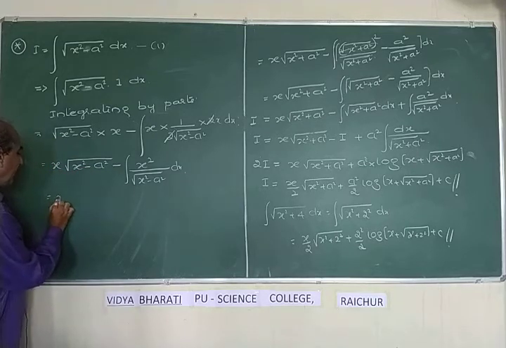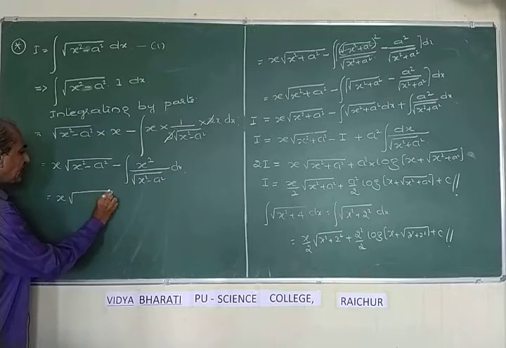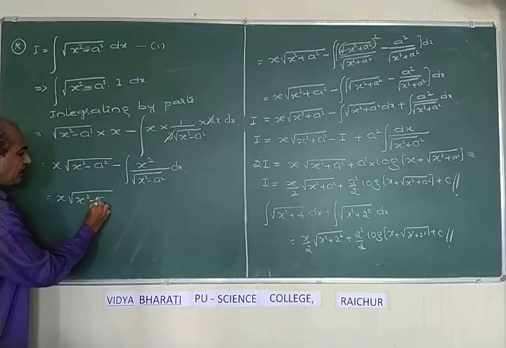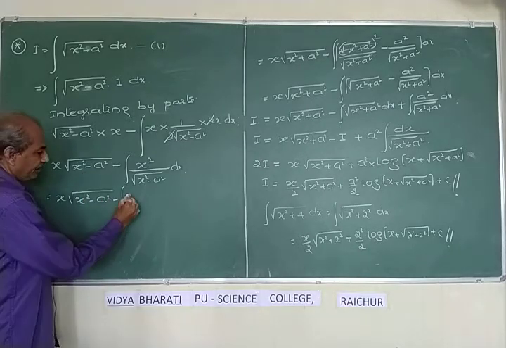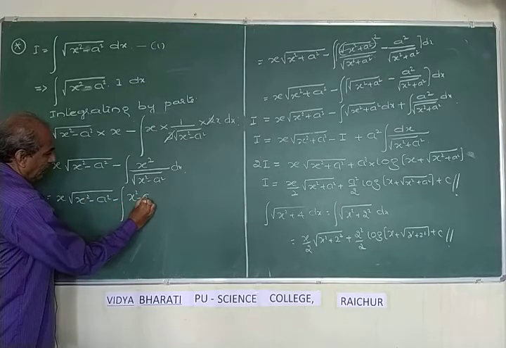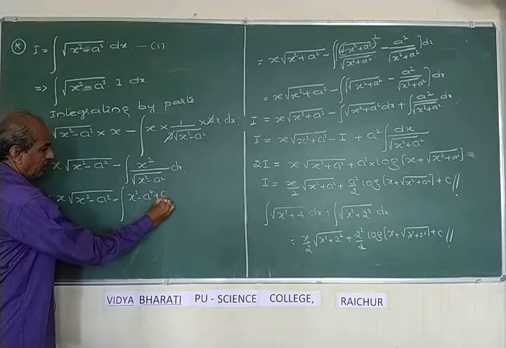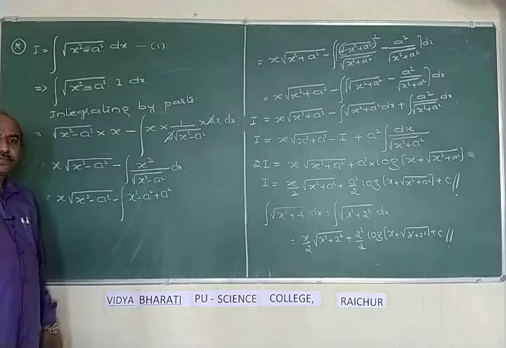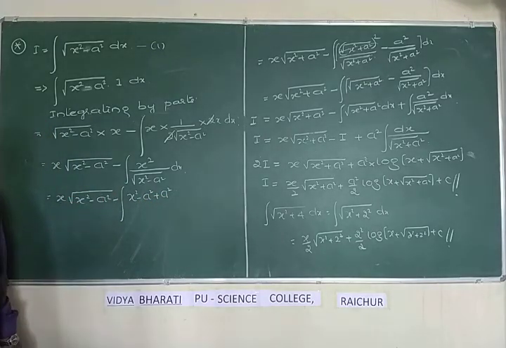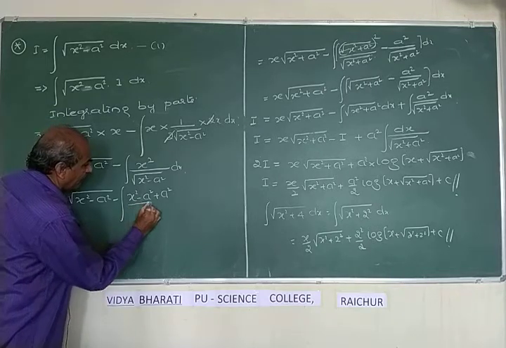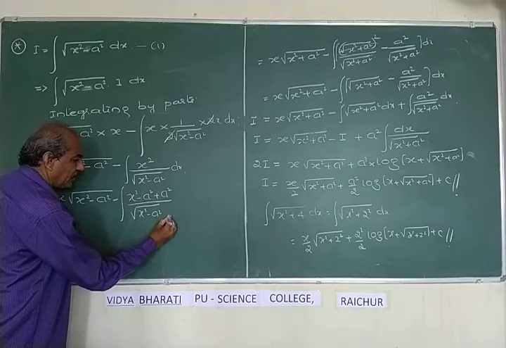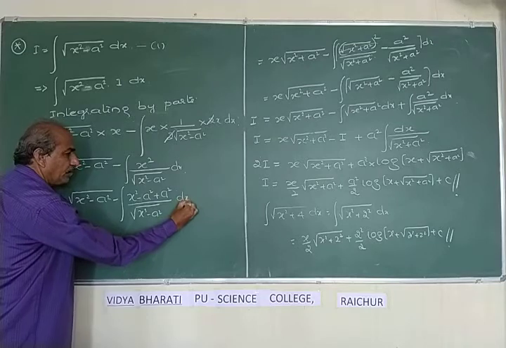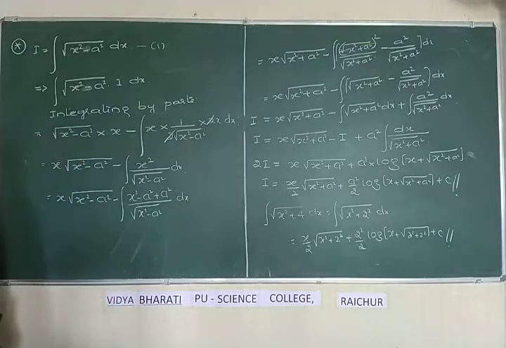So therefore here I will write down like this: x into root of x square minus a square minus integral of x square minus a square plus a square. The value will not change if I write like that, right? Now divided by root of x square minus a square into dx. I hope you got it.